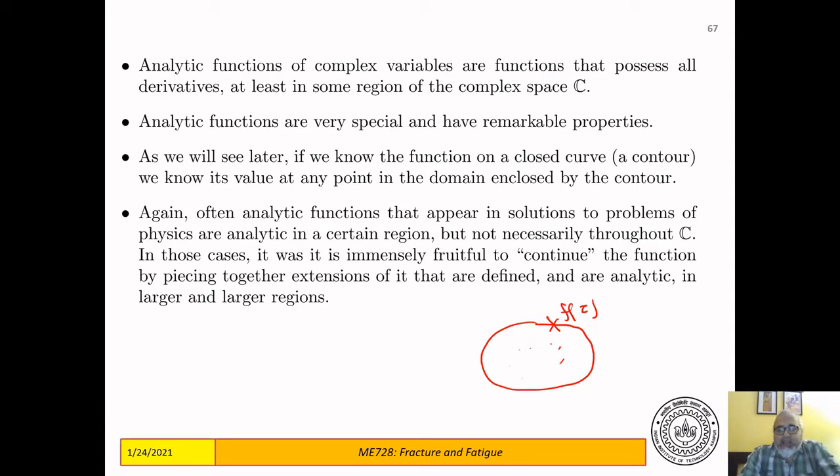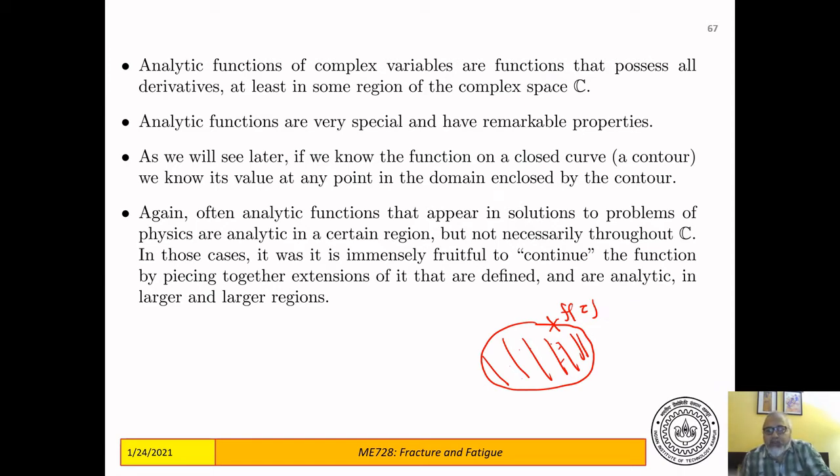And then analytic functions appear in solutions to problems in physics, and they are sometimes analytic only over, say, a restricted domain. And then we can continue this function. We will learn how to do that by doing something called analytic continuation.